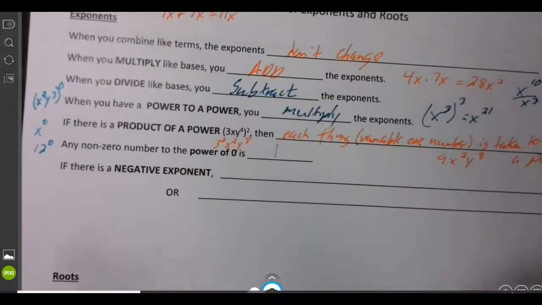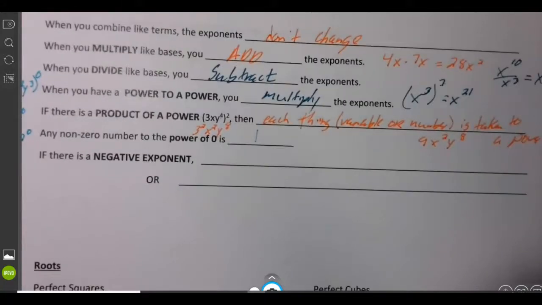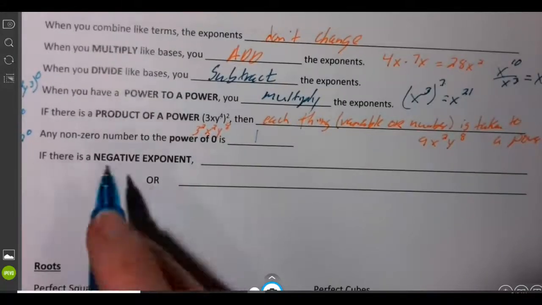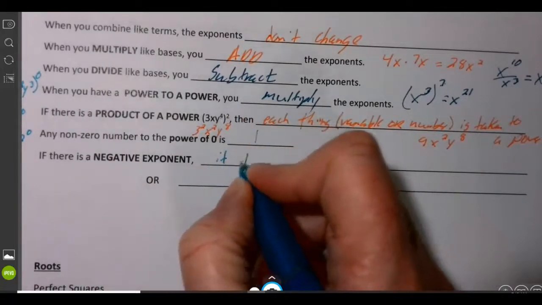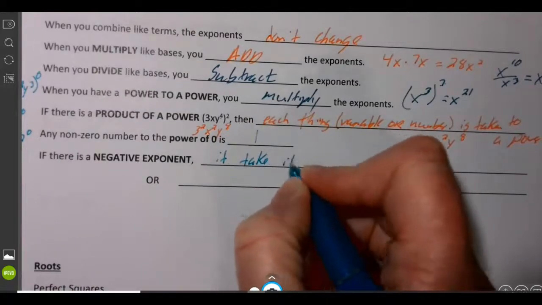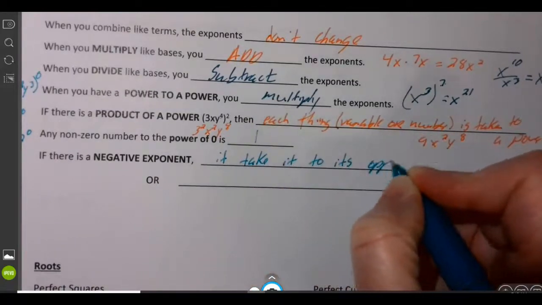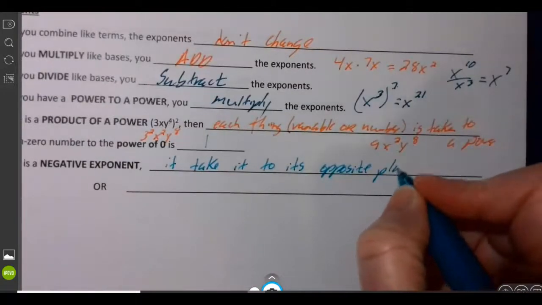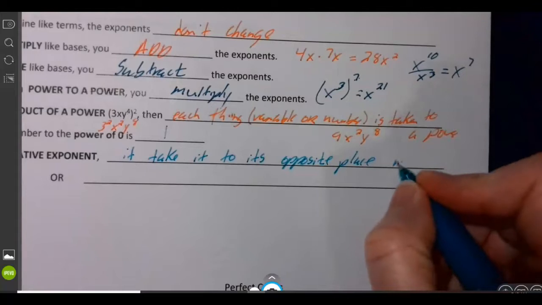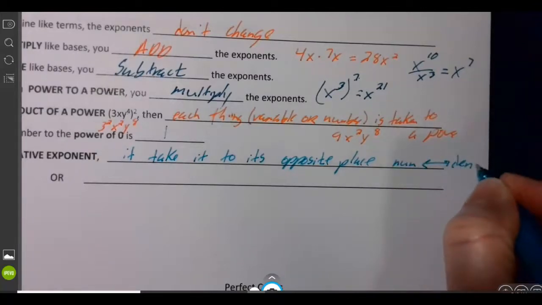If there is a negative exponent, I have 2 lines here because there's 2 ways you can think of it. If there is a negative exponent, it takes it to its opposite place. What I mean by that is numerator to denominator or denominator to numerator.